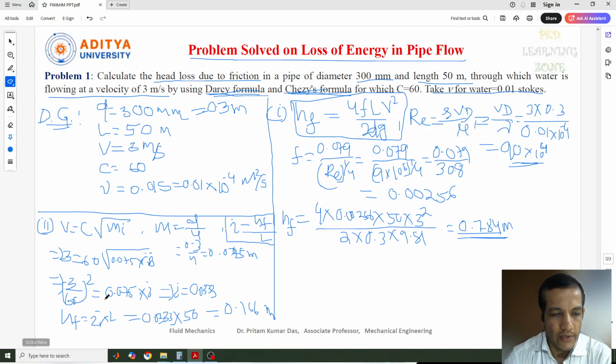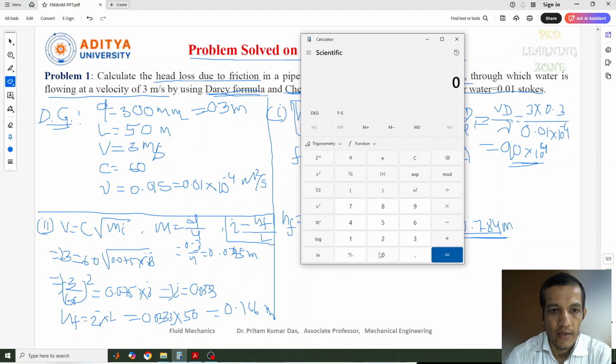Now all these values we can see. If anything is missing here, we can check it. So let's do it from the start. 0.3 divided by 4, so 0.075. And on this side, 3 divided by 60, whole square, which is 0.05 squared, the same thing.